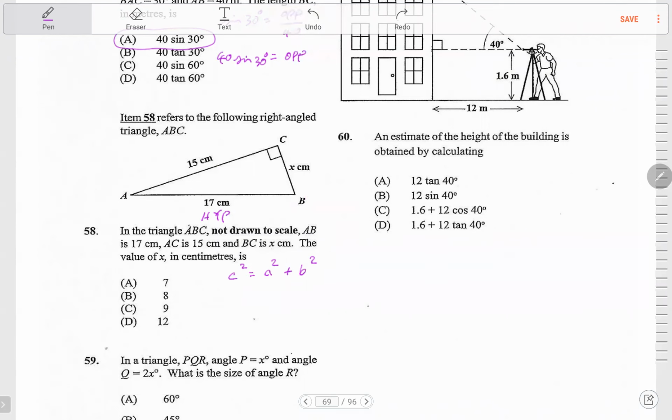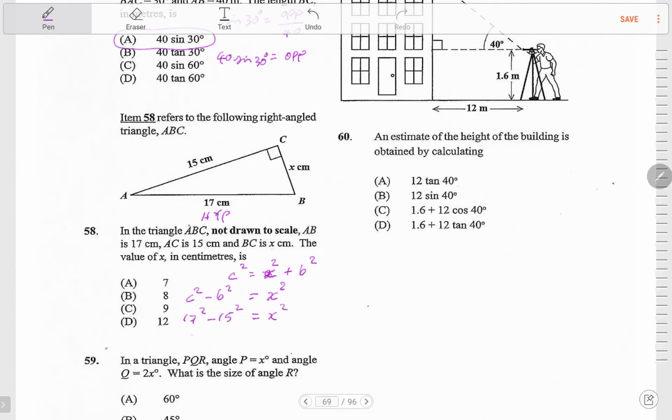So right now we're trying to find one of the sides, the x. If I call it x, the a squared is really x squared. So trying to find x squared, it will be equal to c squared minus b squared. And so it will be 17 squared minus 15 squared equals x squared.